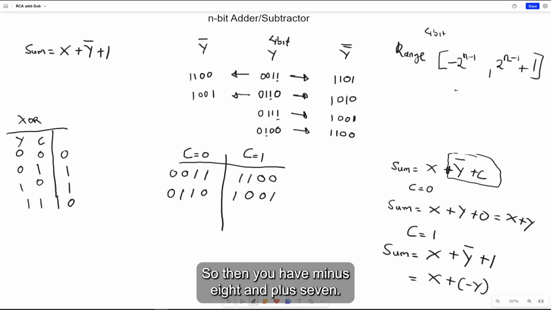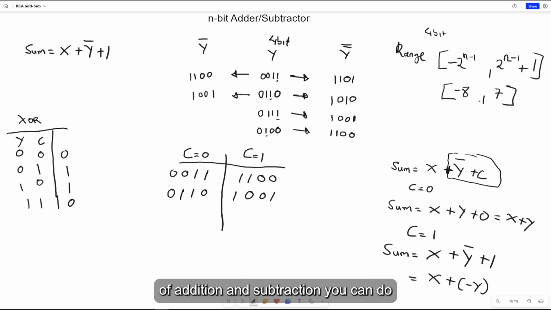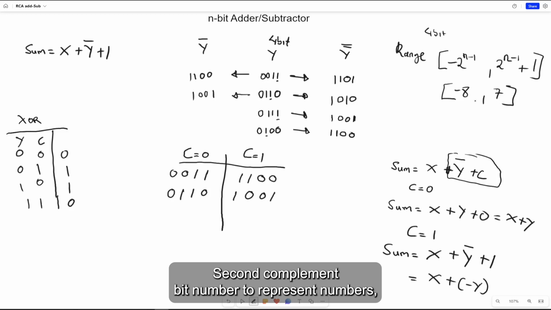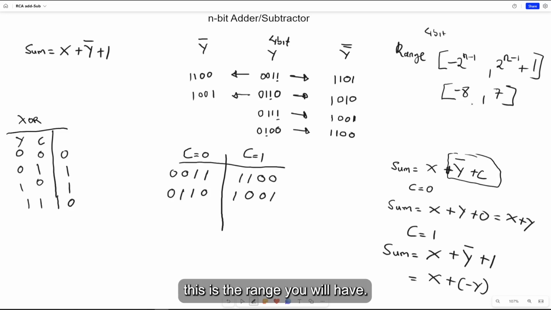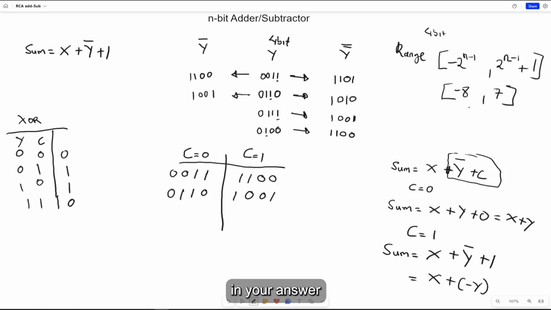So then you have minus 8 and plus 7. So this is the range of addition and subtraction you can do if you are using second complement bit numbers to represent numbers. You can just do addition and subtraction from 7 to minus 8 in your answer.